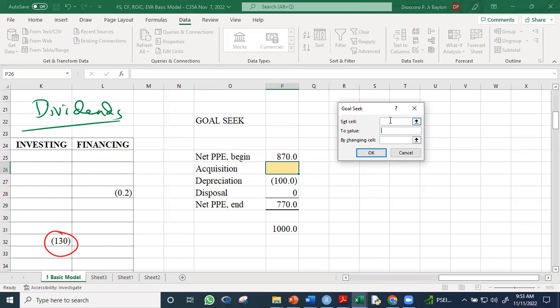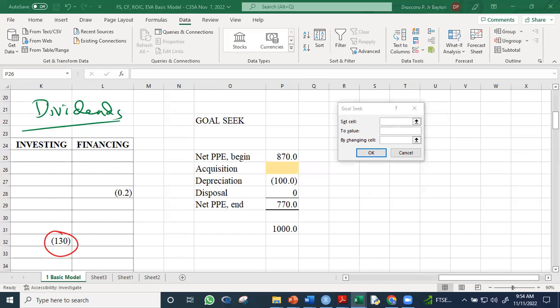So set cell. What do we want to set, class? Take a look at our model here. We want what particular cell to what, to a particular value. Any chat, please?